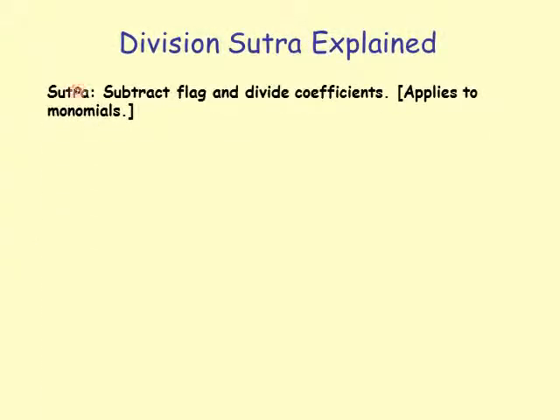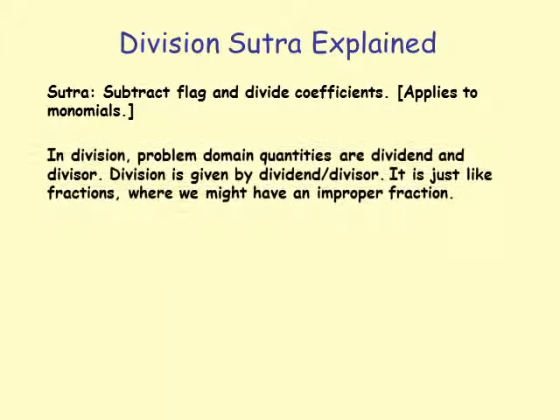Let's look at the sutra here. The sutra is subtract flag and divide the coefficients, and it applies to monomials. In division there are a problem domain and a solution domain. In the problem domain the quantities are dividend and divisor. In a problem, these are invariant.